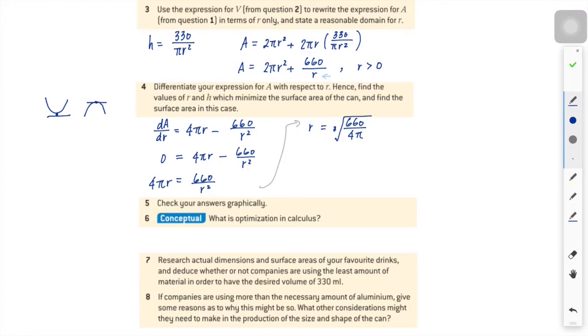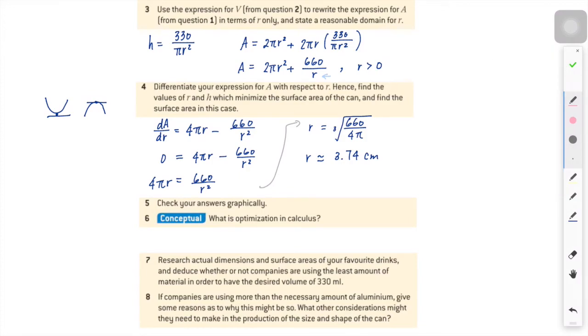Okay. So now I have r approximately equal to 3.74 centimeters.